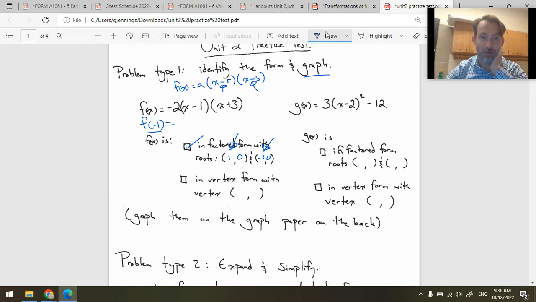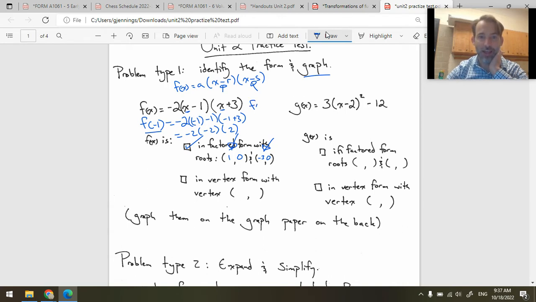So that's a set of instructions saying substitute minus 1 in for x wherever you see it. So I put in minus 1 there, and then minus 1 here. So minus 1 plus 3, and then evaluate. So this is equal to negative 2 times negative 2 times 2, which gives us positive 8.